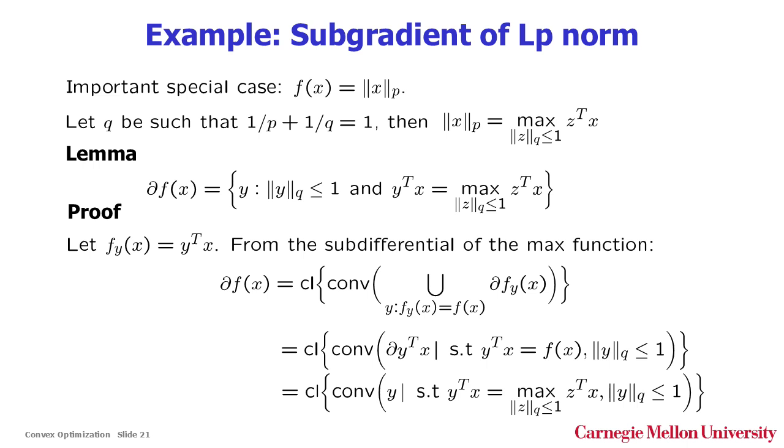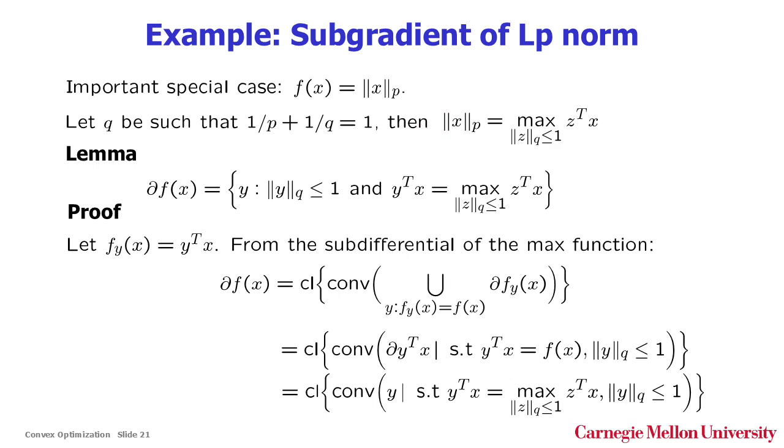We can prove that in this case, the p norm of x can be calculated as a result of the following constrained optimization problem. Let's calculate the maximum of z transposed x subject to the constraint that the q norm of z is less than or equal to 1.